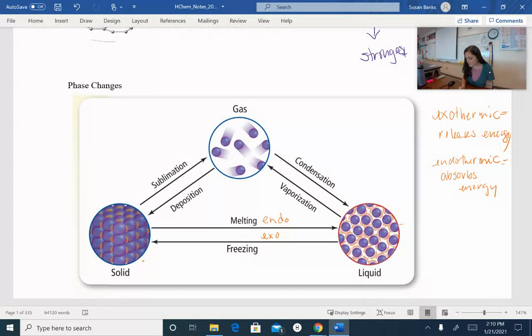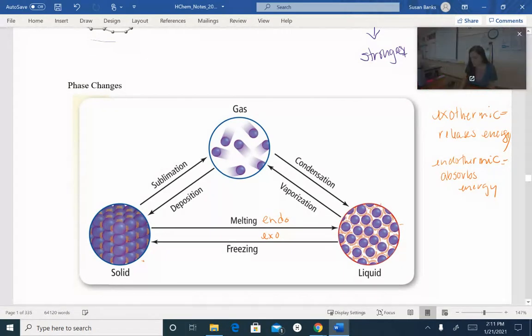Notice in the gas molecules, there's a lot of space between the molecules, and the molecules are moving very quickly, and there's even less organization in a gas molecule setup than in a liquid or a solid molecule. So to go from a liquid to a gas, it takes a lot of energy to vaporize that.